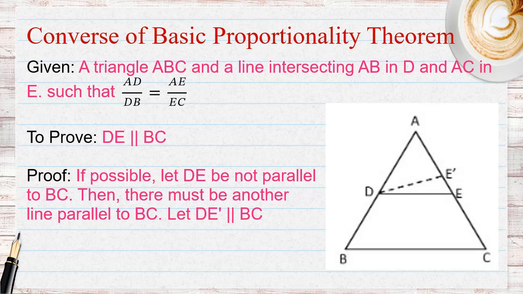Now proof. If possible, let line DE not be parallel to BC. Then there must be another line parallel to BC. Let us suppose that line is DE dash. So we are assuming that DE dash is parallel to line BC.